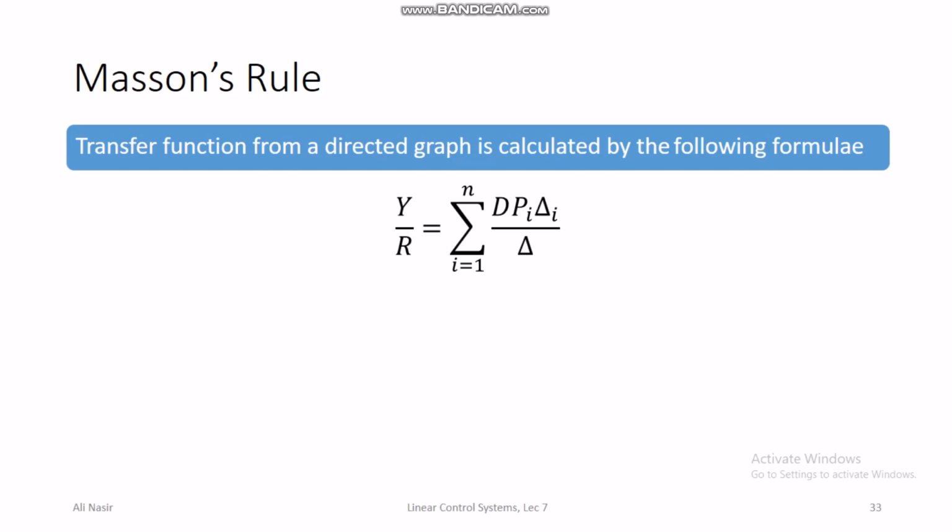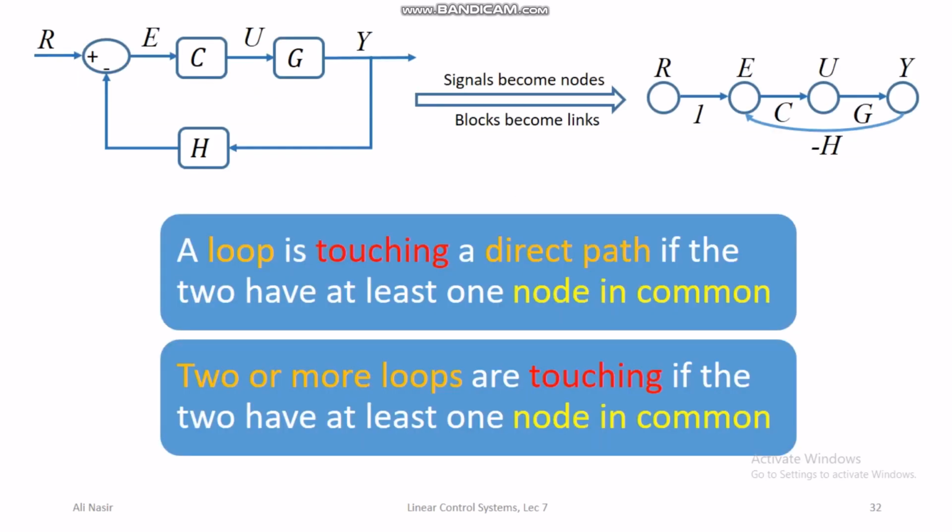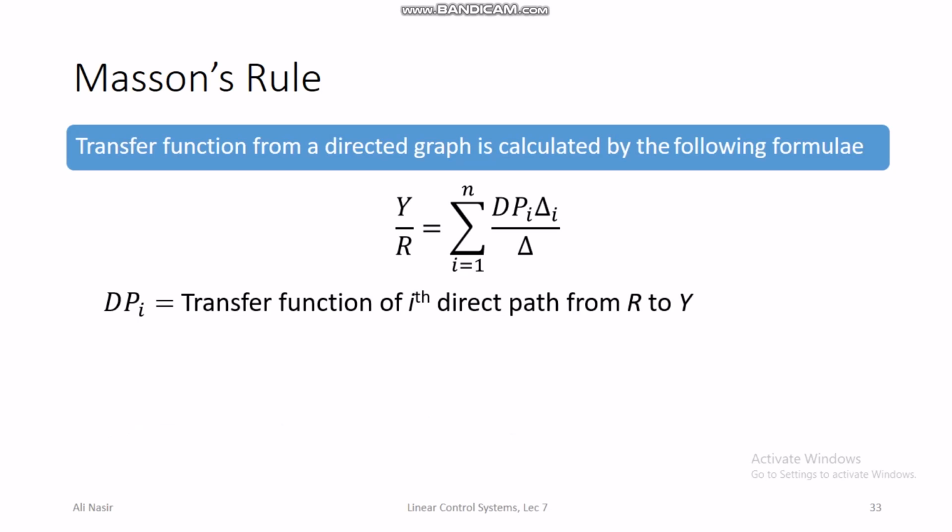We need to define what delta 1, 2, 3 and the denominator delta are. So the ith direct path, DP sub I, is the transfer function of ith direct path from R to Y. So from input node to output node, there might be more than one direct paths. So DP sub I is the transfer function of ith direct path from input node to the output node.